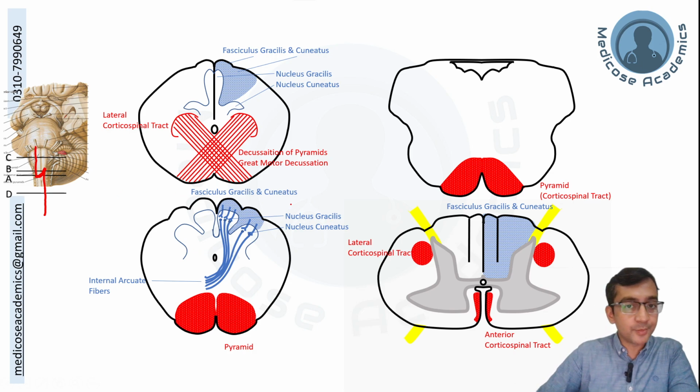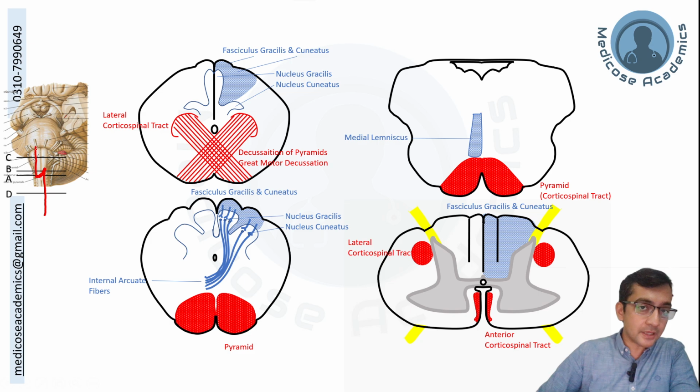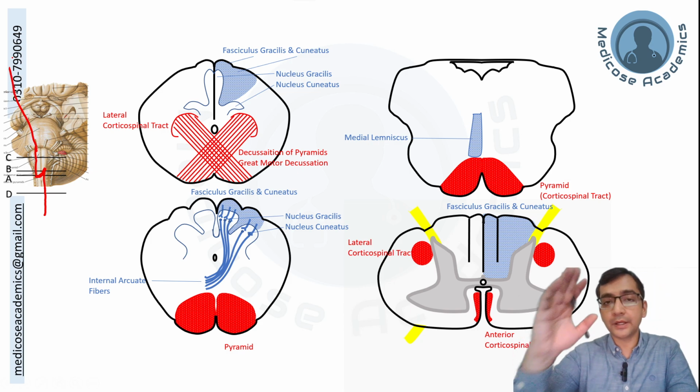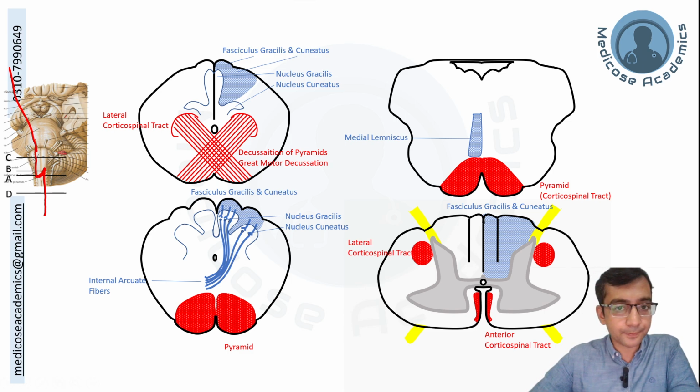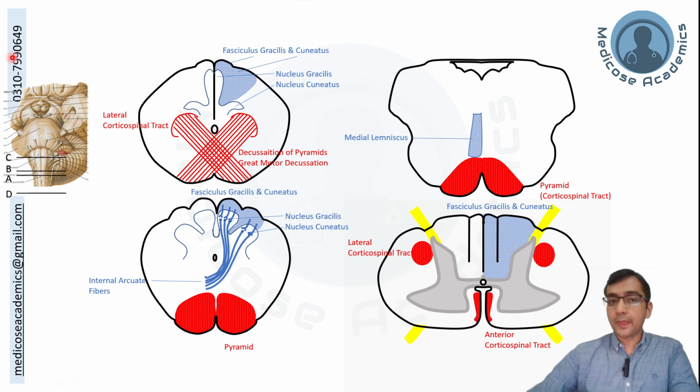Medial lemniscus will be seen in this picture C. After crossing, they will continue to go up, and as they go up they will move a little laterally, and then go through the internal capsule, corona radiata, and reach the cerebral cortex, posterior central gyrus. So this is about the fasciculus gracilis and cuneatus.